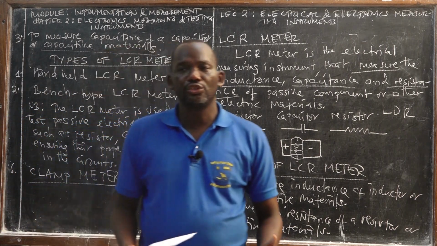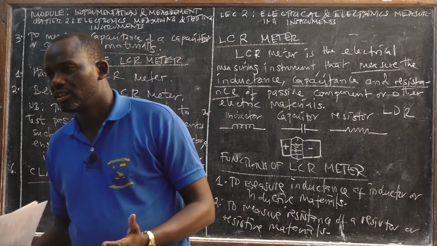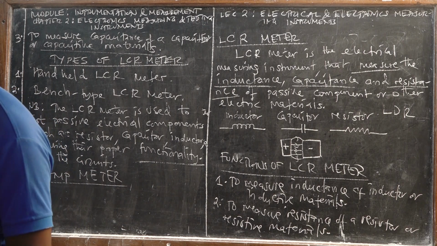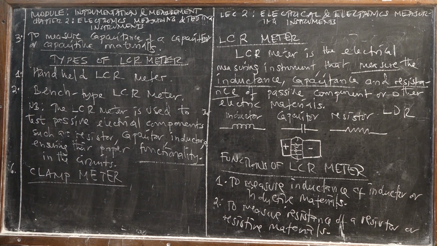How are we going to connect the LCR meter in order to measure inductance, capacitance, and resistance? Are we going to connect it in series or in parallel, and why?